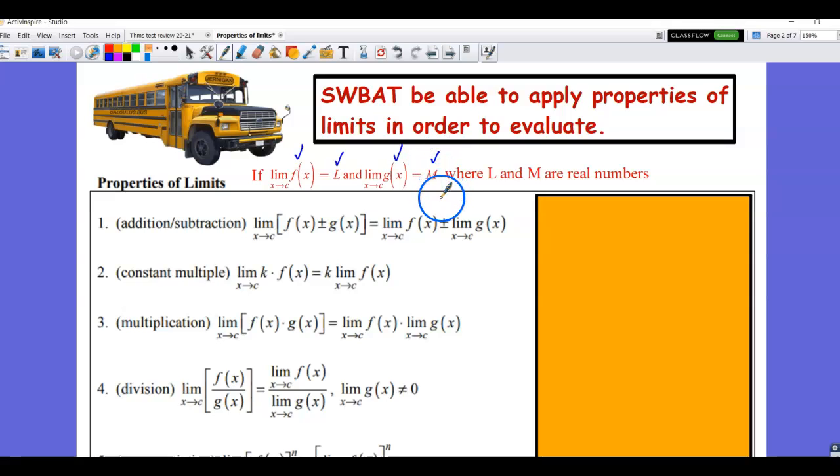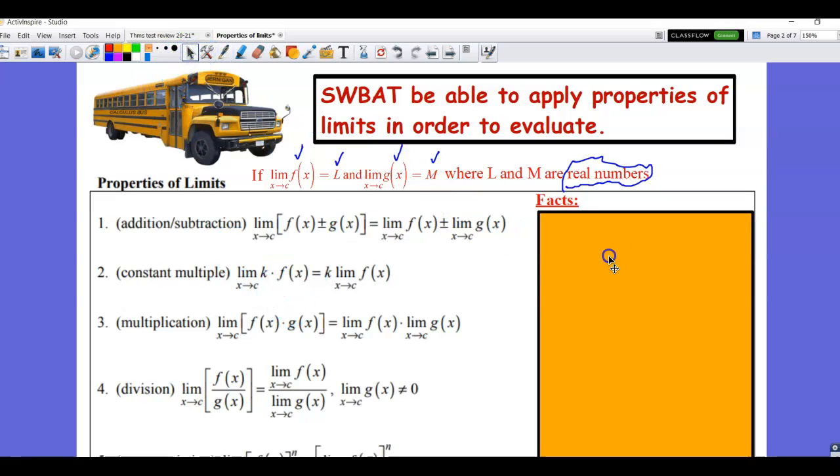So the bottom line is that the limit as x approaches c on both of these functions exists because L and m are both real numbers. Bottom line, the limit as x approaches this particular value of x on these functions must exist in order to apply these properties. If not, then let's take a look at some of the facts about limit properties.